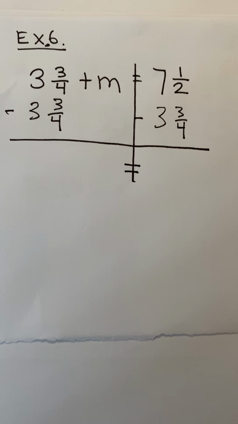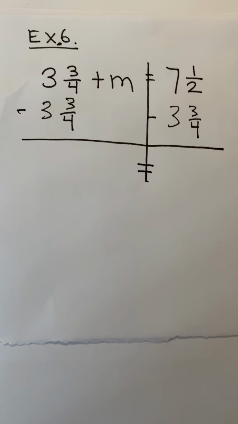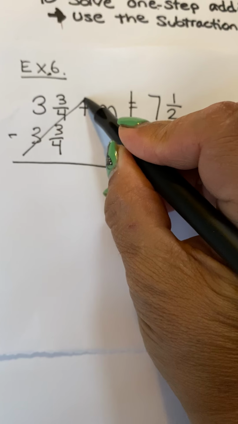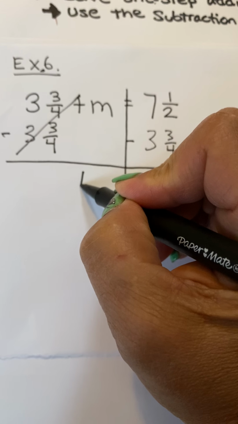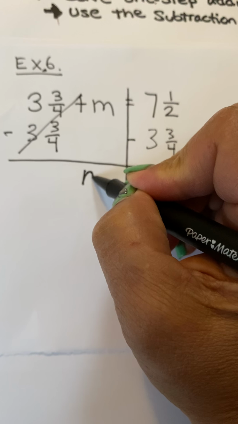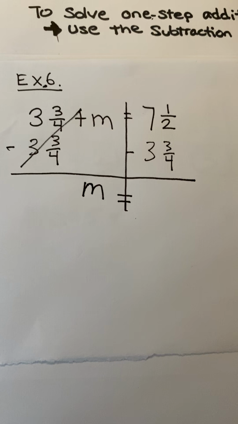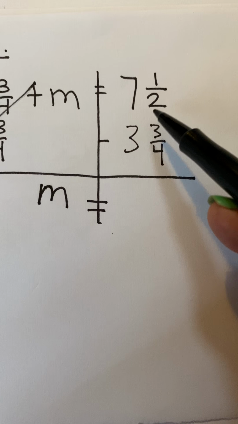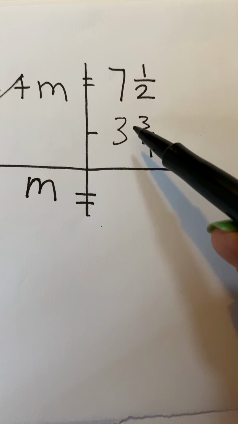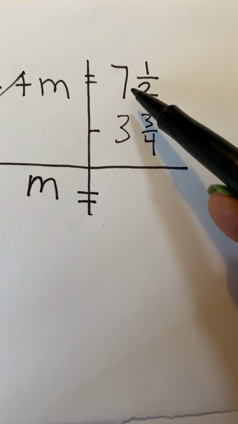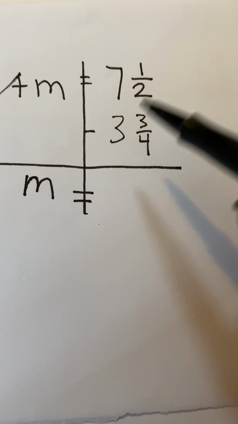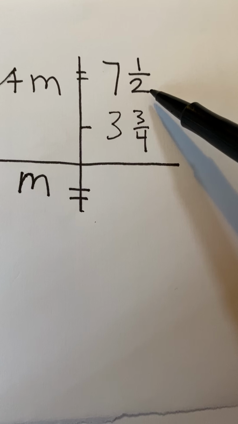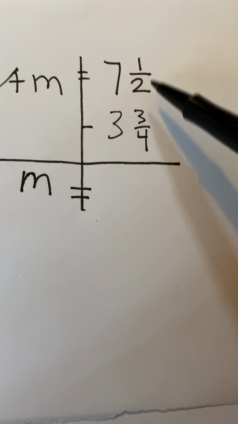And before we begin subtracting on this side, we do have to make sure we isolate the m. So this 3 3/4 minus 3 3/4 cancels each other out, and we have m by itself on the left side. On the right side, you have two mixed numbers. And again, you're going to look at the whole numbers. You're going to look at the fraction part, and definitely the denominators, and then the numerators.